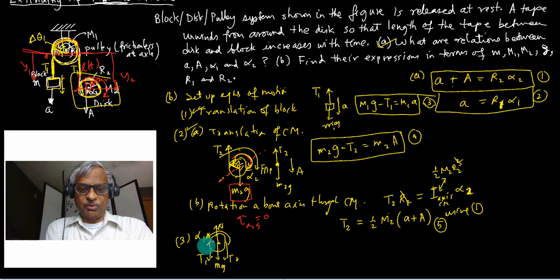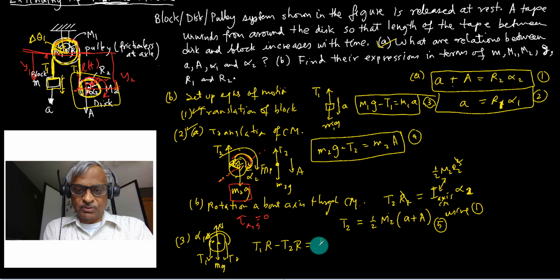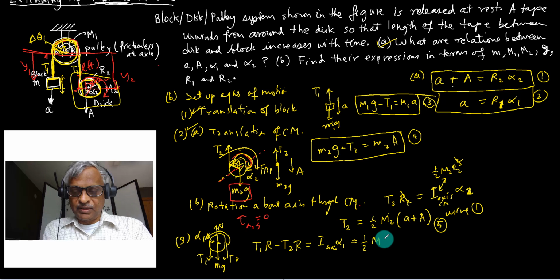So from here, you can see the torque will be T1 R minus T2 R equals I about the axis times alpha 1, and this is half M1 R1 squared alpha 1.